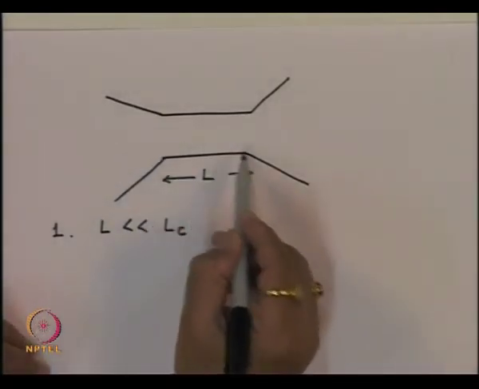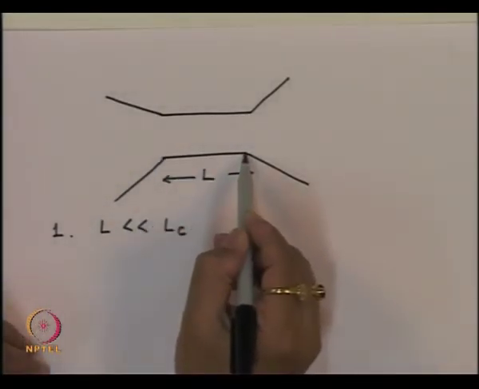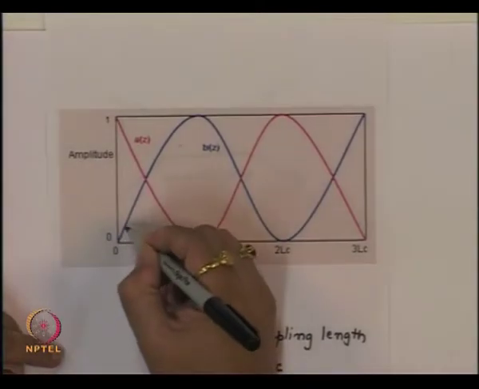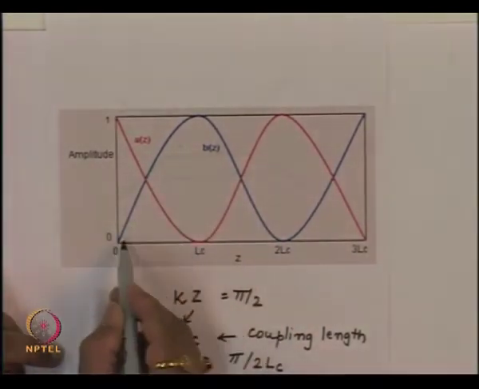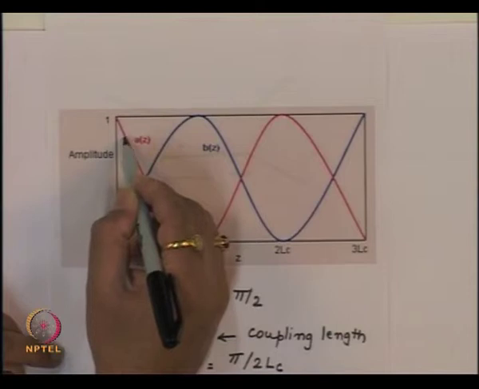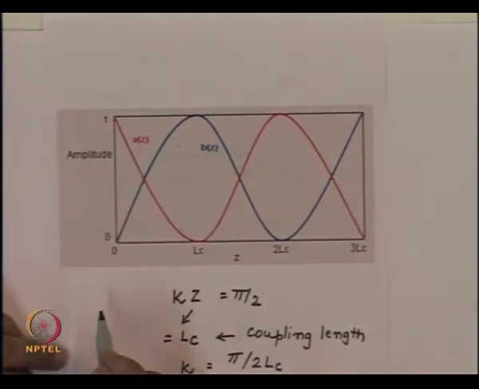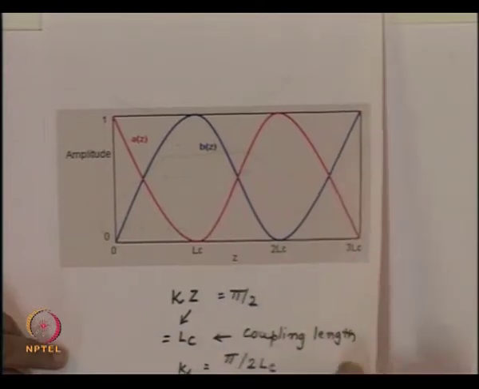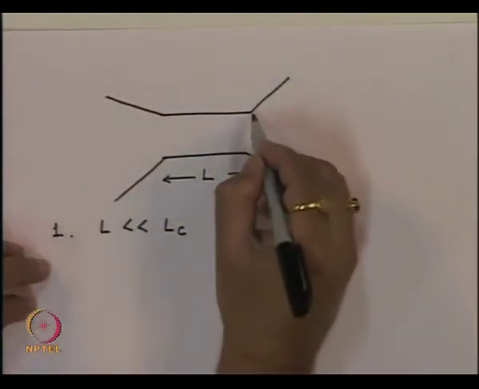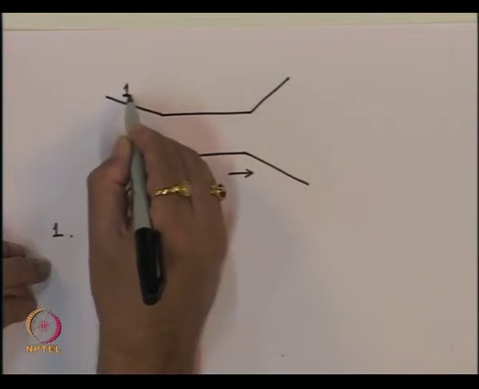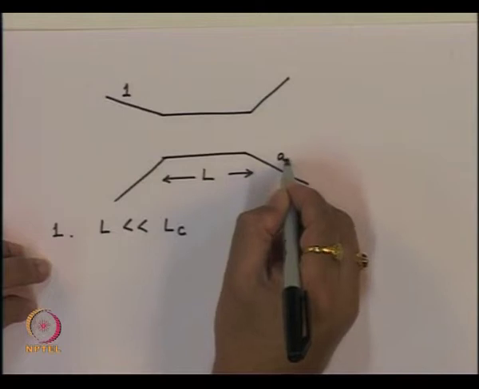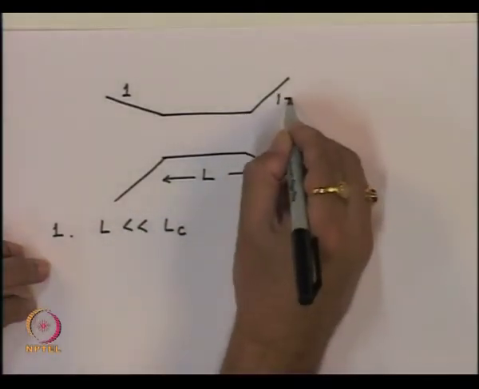In that case, a small amount of power will get coupled here, and most of the power will still remain with waveguide A, and a small amount has been transferred to the second waveguide. So if I start with one input here, a small fraction of power A will appear here, and here I will get a power 1 minus A.